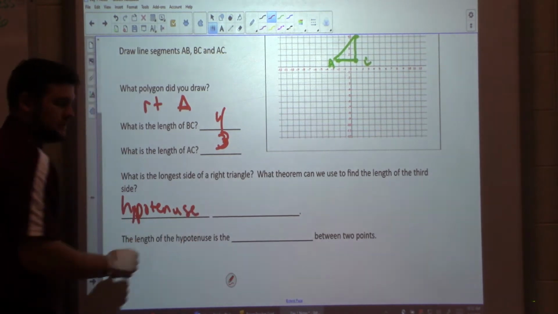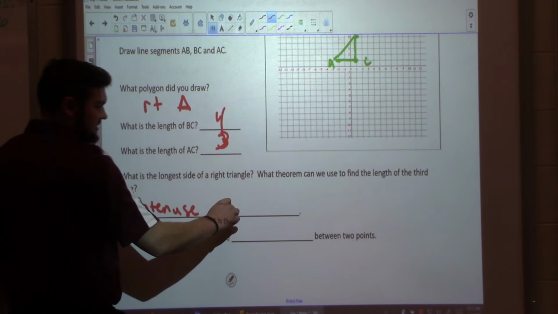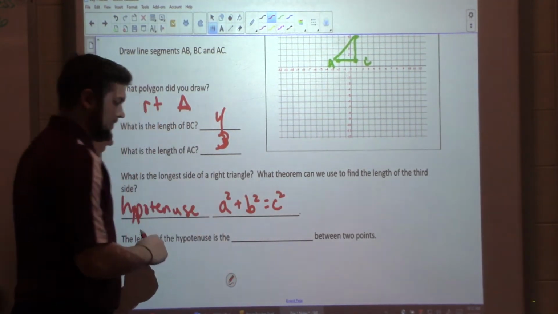Hypotenuse. Okay. Hey guys, what theorem do we use to find that third side? A squared plus b squared equals c squared. Pythagorean theorem, which is a squared plus b squared equals c squared. Good.